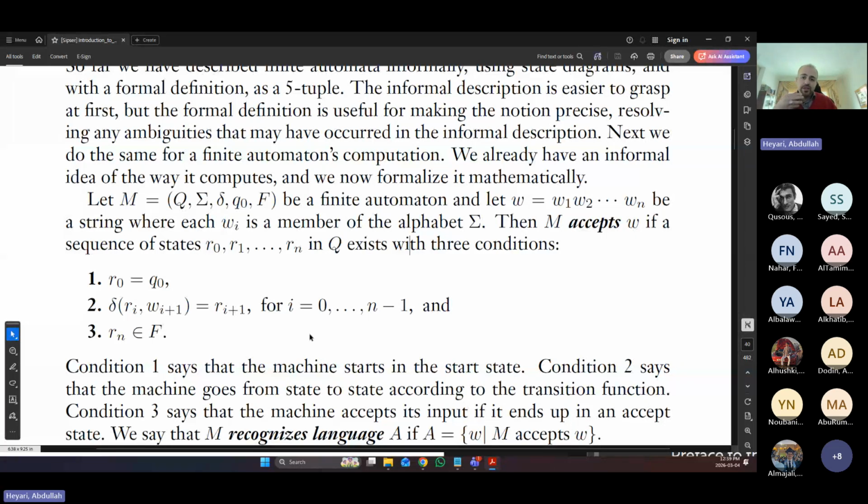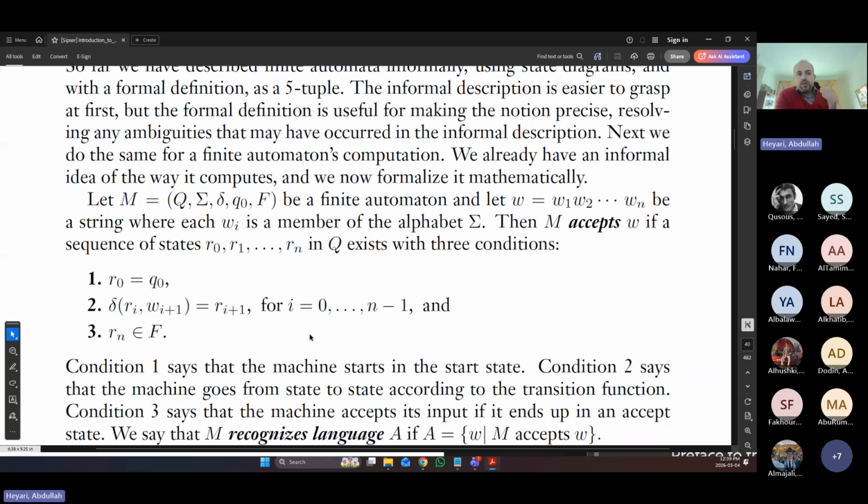So we call the states R1, R2, R3, R4, until you reach the state Rn. When you reach Rn, and Rn is an accepting state, that would be the case where machine M accepts the string W.